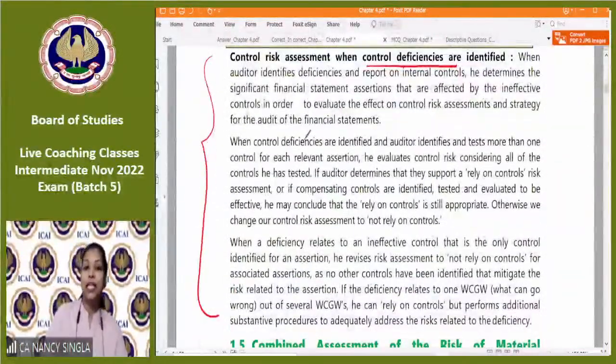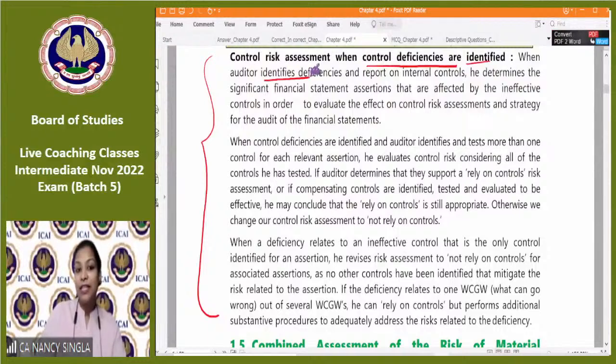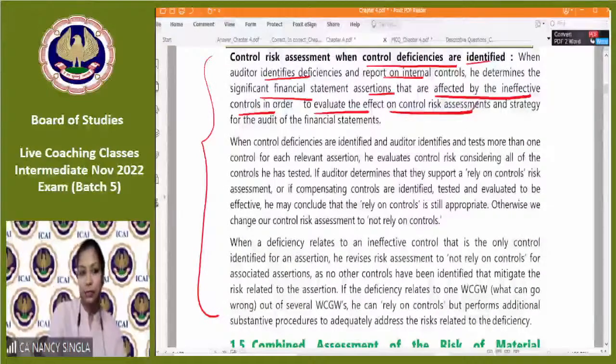Control risk assessment when control deficiencies are identified. This is the answer to question number 3. When an auditor identifies deficiencies in internal controls, he determines the significant financial statement assertions that are affected by the ineffective controls in order to evaluate the effect on control risk assessment.